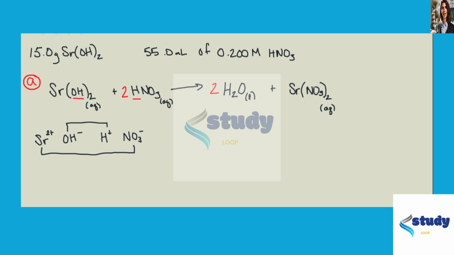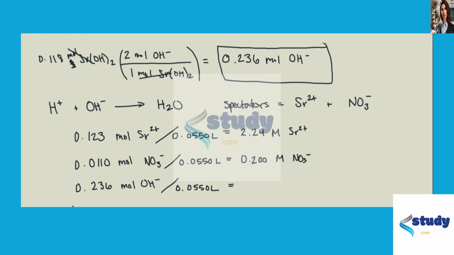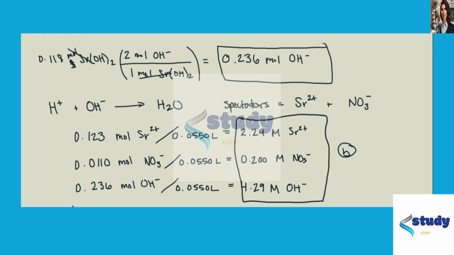It's a spectator ion, so I should have the same concentration that I started with. And then of the last one, hydroxide, I'm going to get 4.29 molar hydroxide. This is the final answer to part B. These are the concentrations of ions remaining.